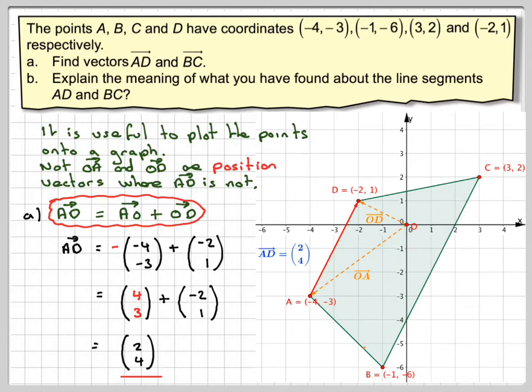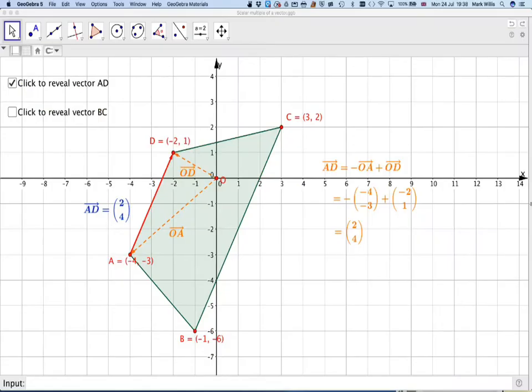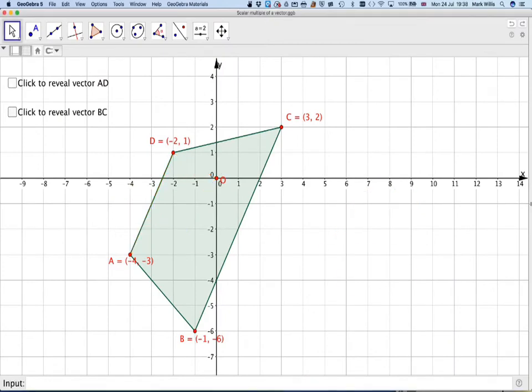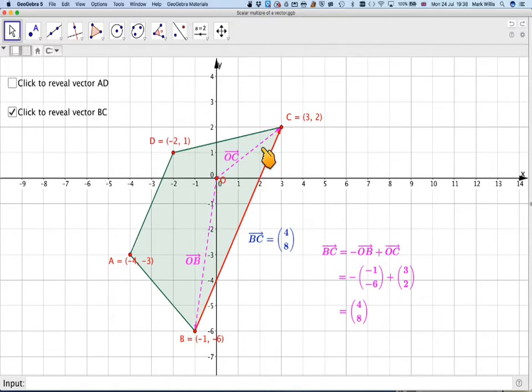Okay, for the other vector we need to find, which is BC, this one here. Go back to the GeoGebra applet, just unclick this one and click this one. Again, we've got position vectors OB and OC, because they tell us the position relative to the origin. To find the vector BC, we've got a similar sort of thing.